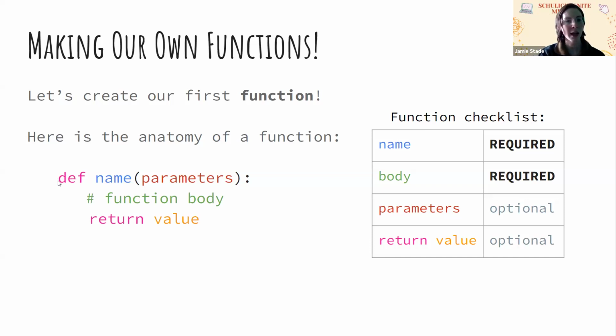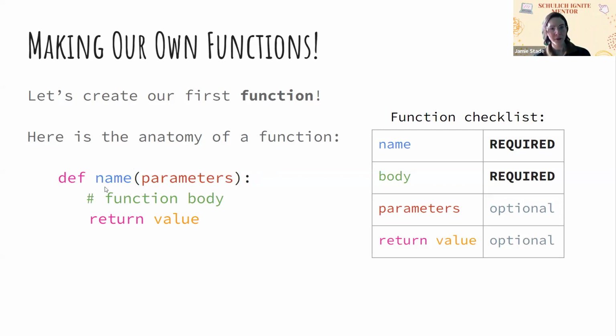Then in our definition we give it a name, and then we have brackets that may or may not have parameters in them. As we can see here, parameters are optional. If you want to pass parameters into your function, you can, but it is not required. As I've seen before, not every function will have parameters that we pass to it.